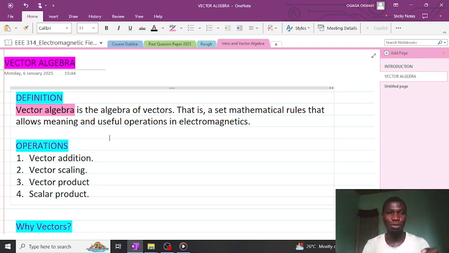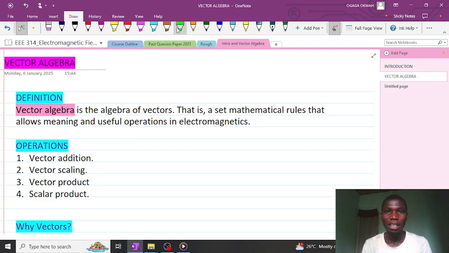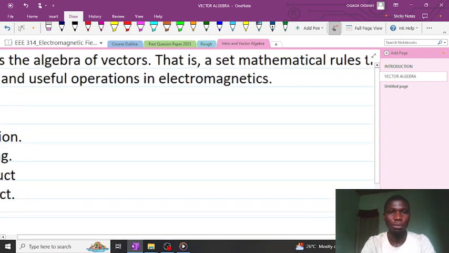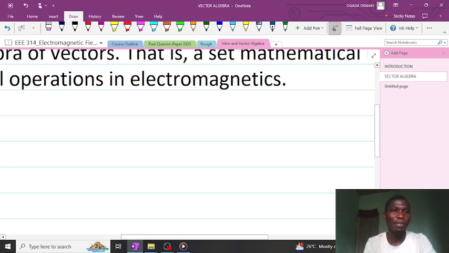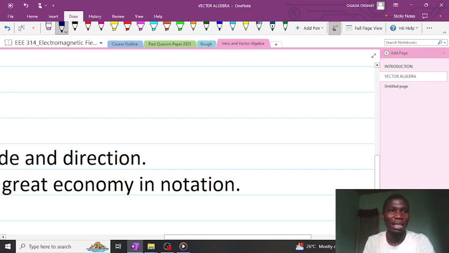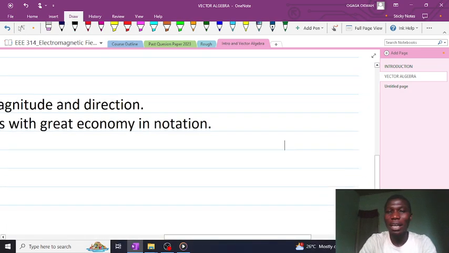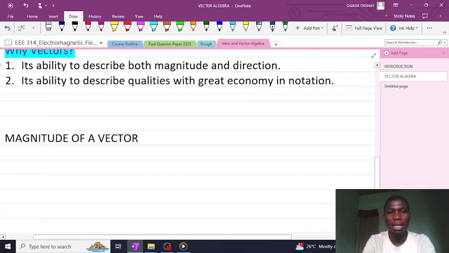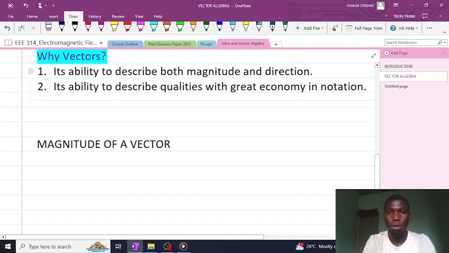Already we know a vector to be what has magnitude and direction. Since vectors have both magnitude and direction, for scalars, they have only magnitude, no direction.